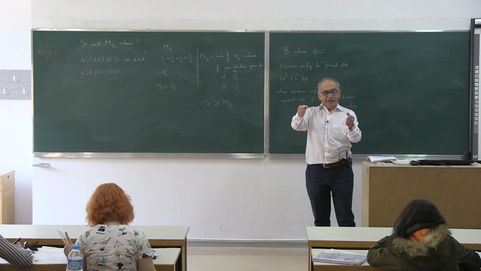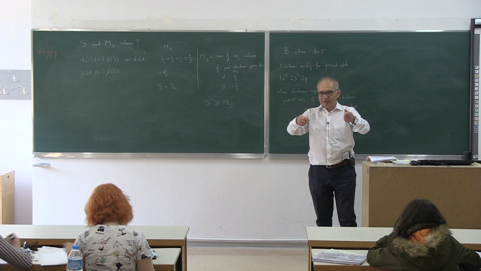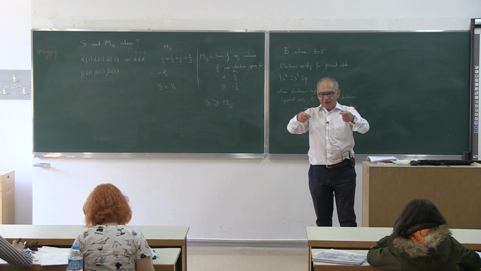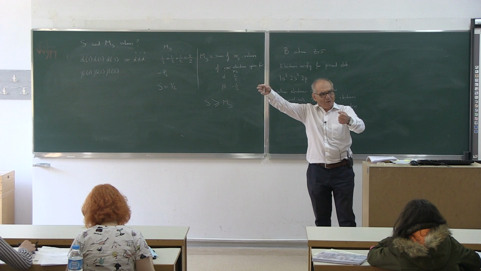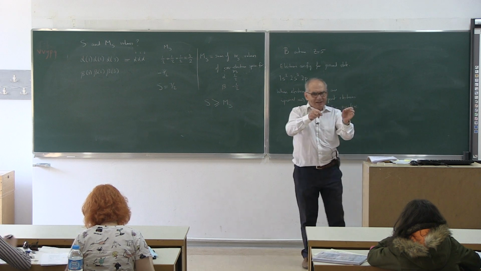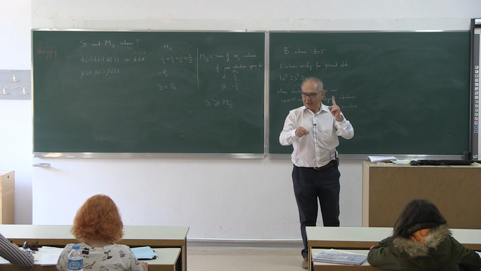Now, because the electrons are independently moving, it means each electron is moving around a nucleus with +5 charge independently of the others. In other words, for a single electron, it's a hydrogen-like atom.